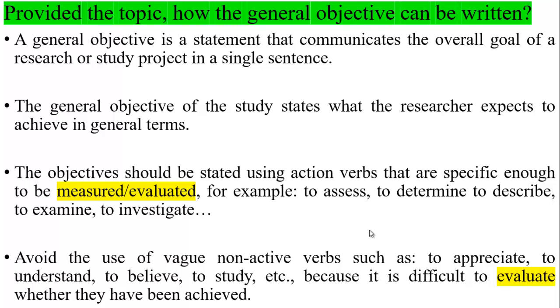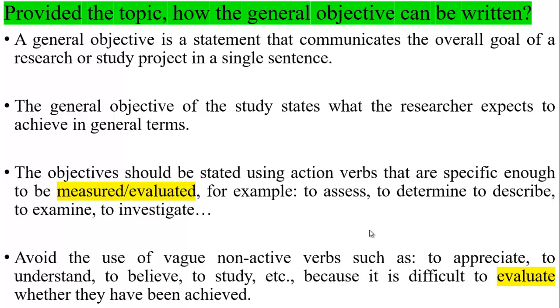Whether it is a general objective or a specific objective, the objectives in a study should be stated using action verbs that are specific enough to be measured or evaluated. For example: to assess, to determine, to describe, to examine, to investigate.